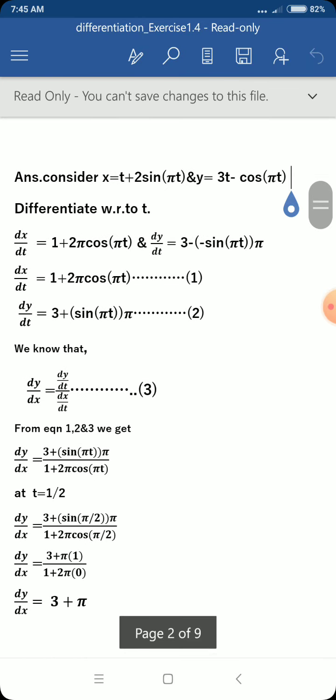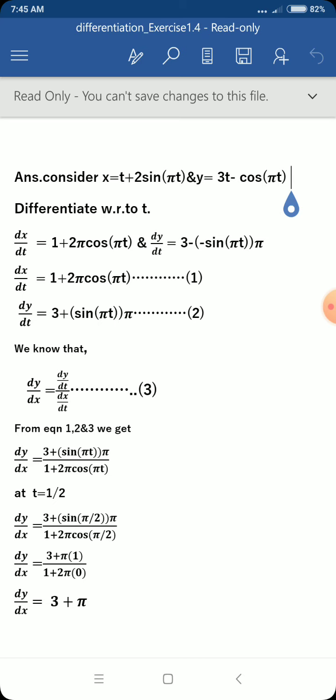x is equal to t plus 2 into sine of pi t and y is equal to 3t minus cos of pi into t. Now in both equations the RHS is in the form of t. Therefore differentiate these two equations with respect to t.